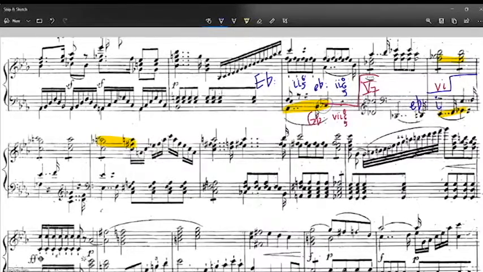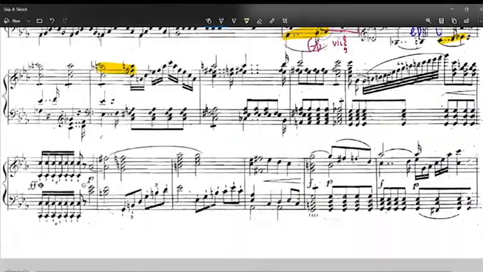a new key. They continue figurating chords, first that one, and then reaching the diminished chord here, and continue to figurate it, and so on. Interesting. Then the G flat becomes F sharp. It's the same sonority.